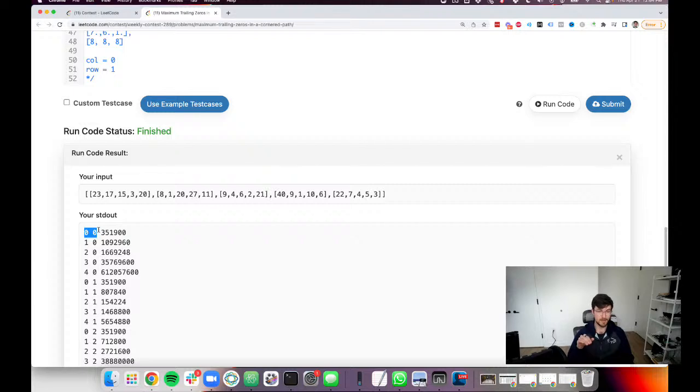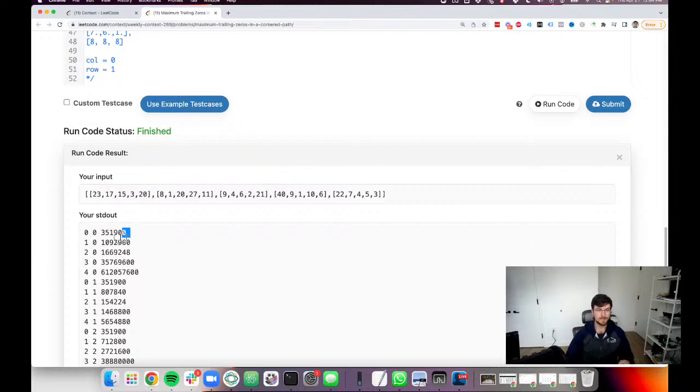So row, column. So 0, 0 should be the product of iterating across this first row, right? I'm gonna pull up the calculator on my phone to double check, but we get 23 times 17 times 15 times 3 times 20, yes, that's correct.